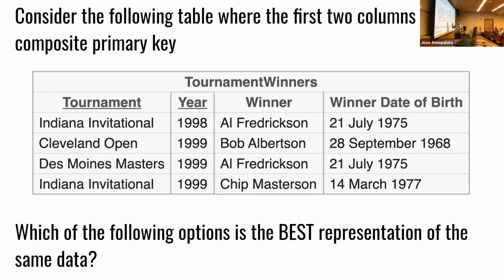Now, because the examples that you're going to see in the exam are going to be random, okay? So you'll have a whole bunch of random text here and a whole bunch of random text here, right? This one you can kind of logically say, oh, well, this date obviously is referring to this field, because this says winner and this says winner date of birth, right?